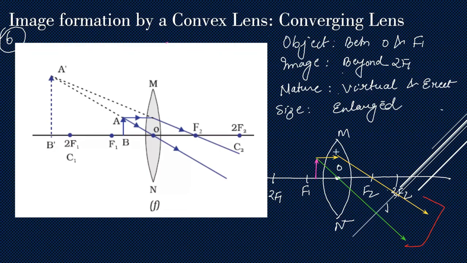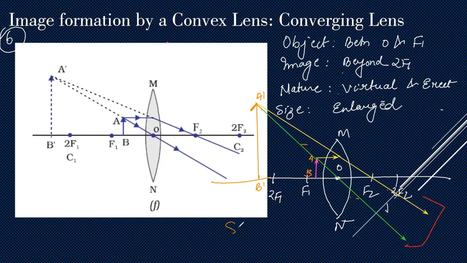This ray I will extend behind, and the other ray also I extend behind. Now here your rays are meeting, so my image is going to be this orange one. If this is my AB, this is going to be A dash, B dash.